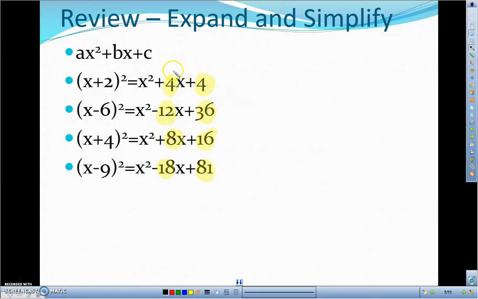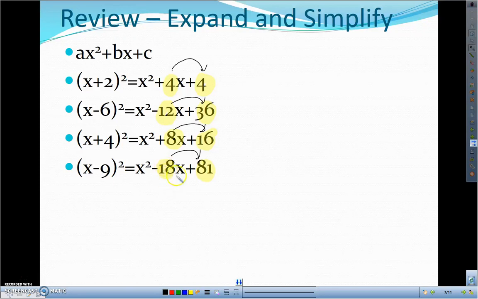Or here's another question you could also think about. How do you go from this middle number to the last number? Can you go from 12 to get to 36? Can you go from 8 to get to 16? How do you get from 18 to get to 81? So sit there and think about it for a minute. Pause.